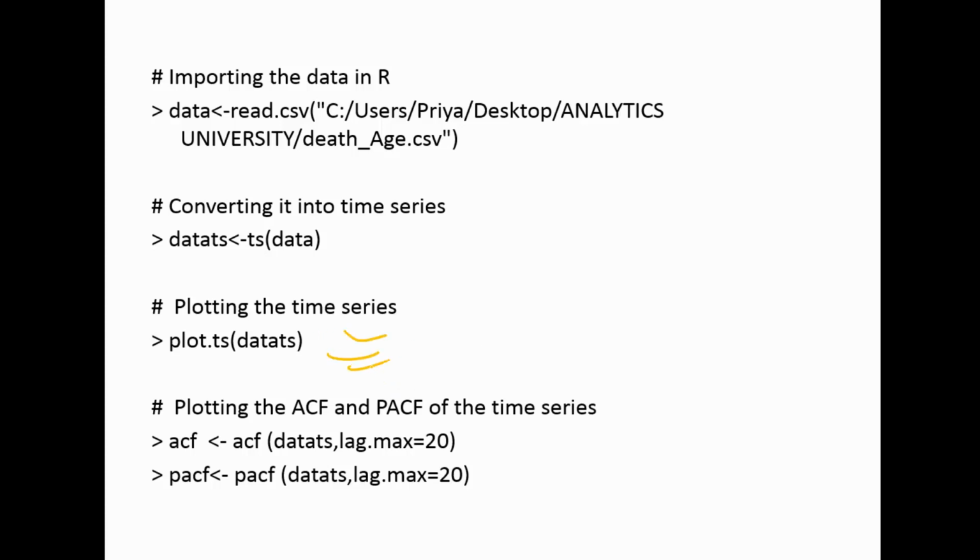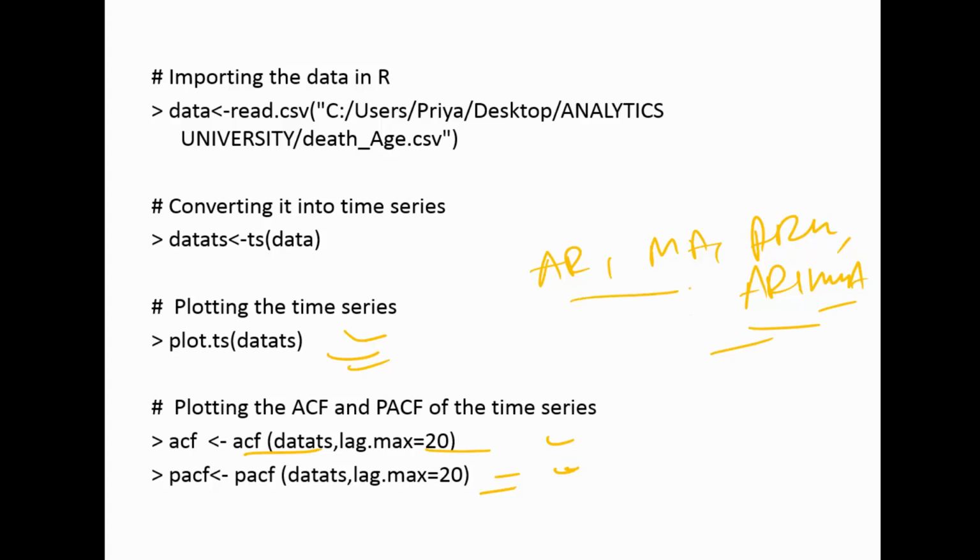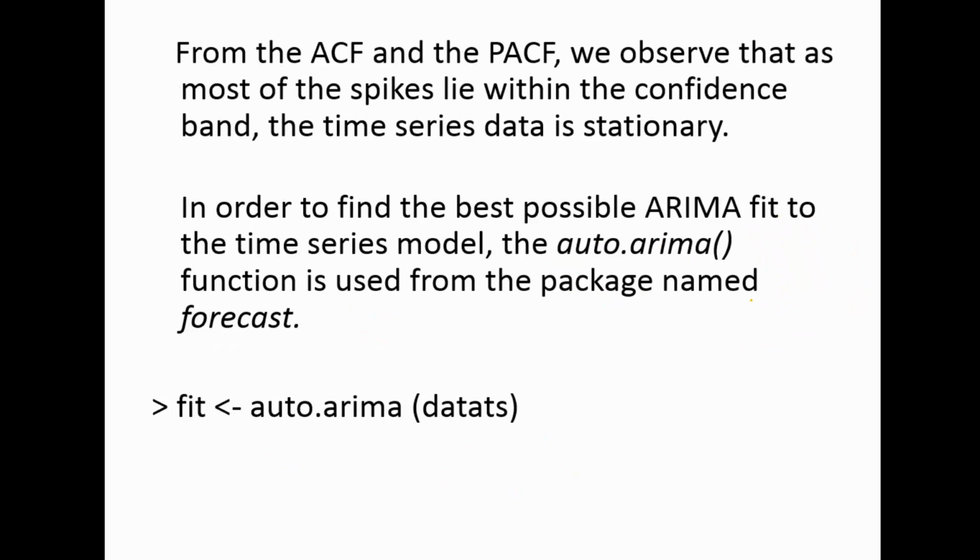Do some basic checks, and then plot your ACF and PACF and see whether you should use AR, MA, ARMA, or ARIMA, and so on. Or maybe you can build all models and see which one is giving your best results. Not a big deal. If you have time, you can do that.